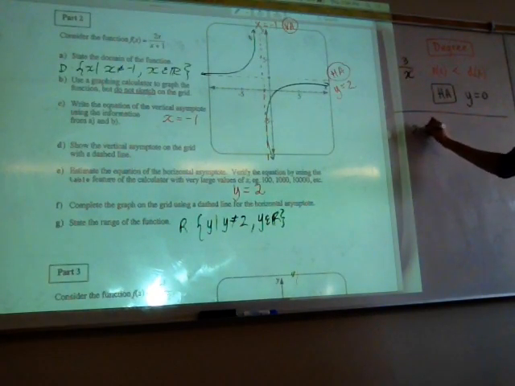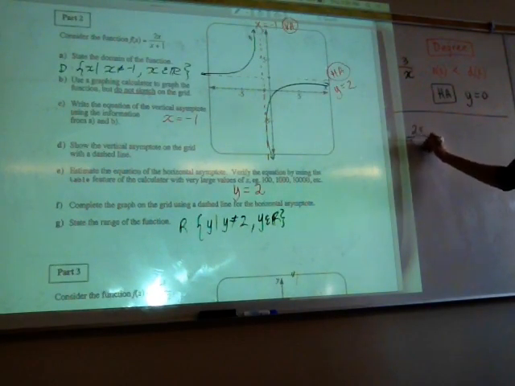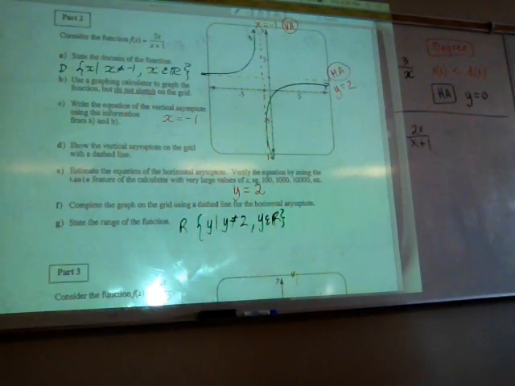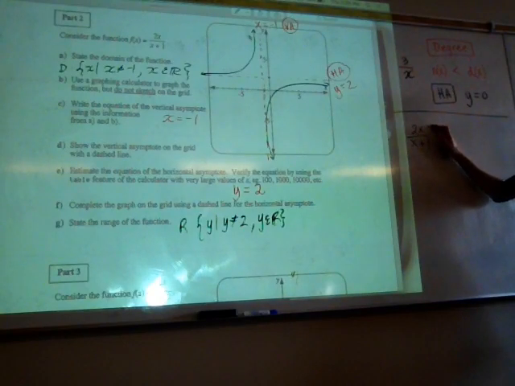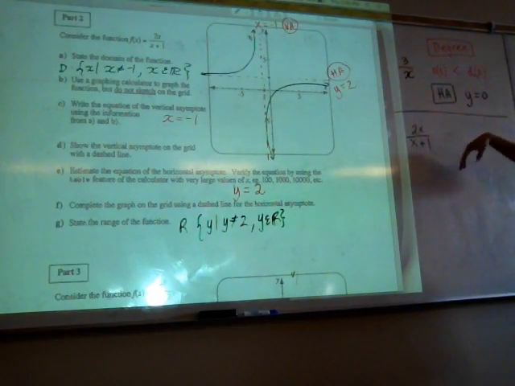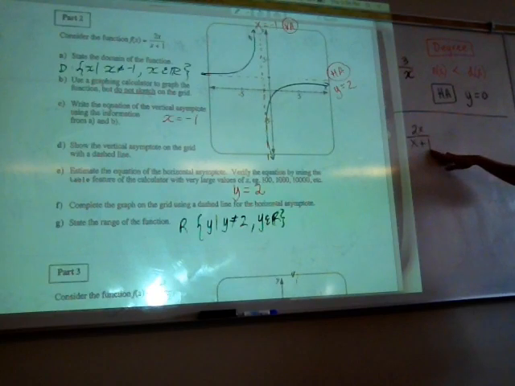So from the example 2x over x plus 1, let's just compare the degree again. Would you say that the degree of the numerator is bigger, smaller, or equal to the degree of the denominator? What's the degree of the numerator? 1. Good. What's the degree of the denominator? 1. So we have the same degree.